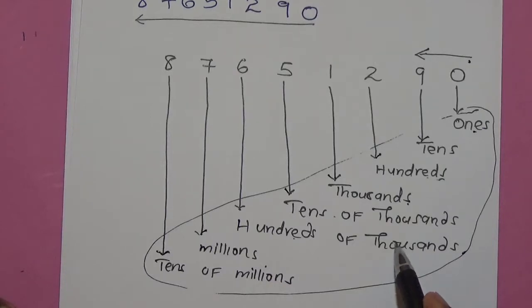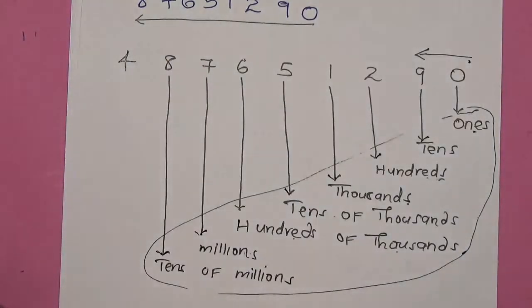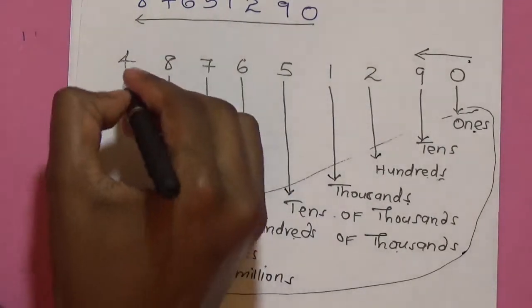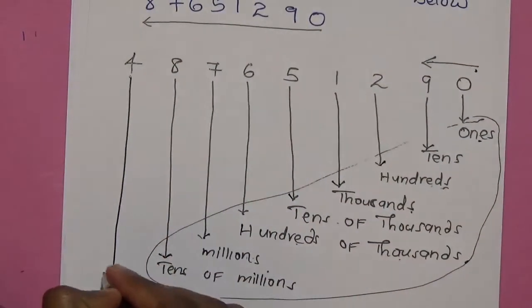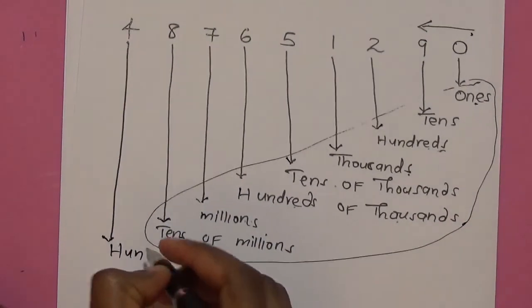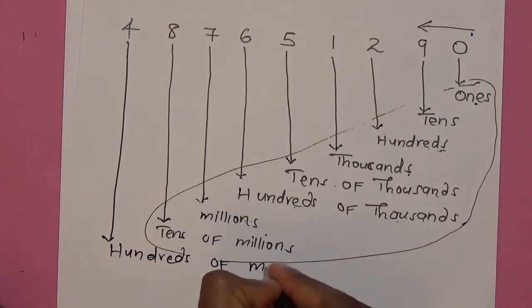After that, you go into millions. You have millions and tens of millions. If we had another digit, let's say digit 4 on this side, the place value of this digit would have been hundreds of millions.